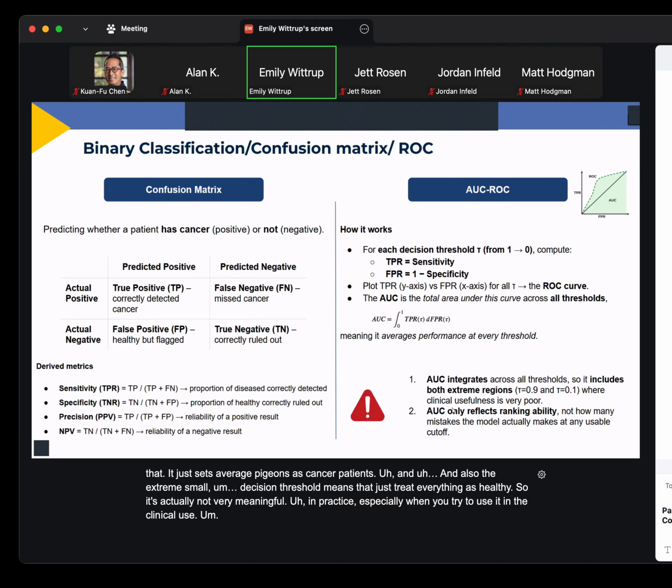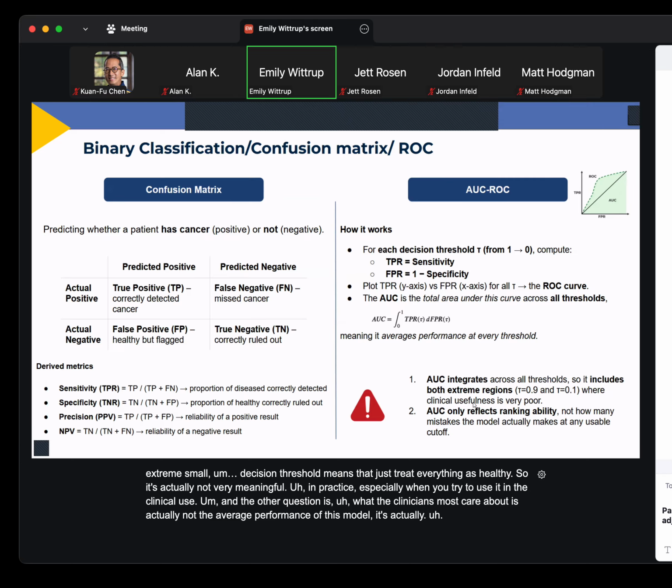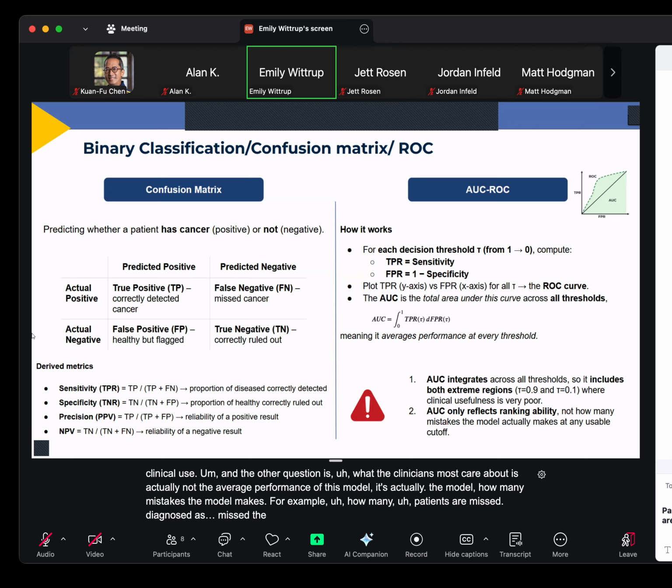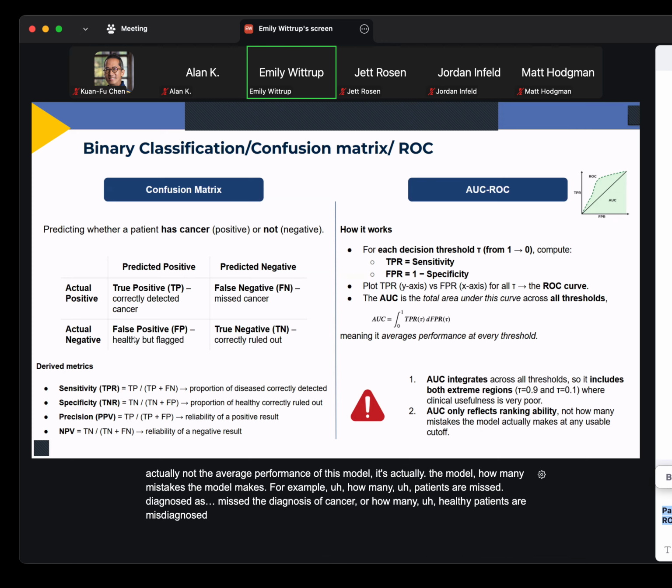And the other problem is that what clinicians mostly care about is actually not the average performance of the model. It's how many mistakes the model makes. For example, how many patients have their cancer diagnosis missed, or how many healthy patients are misdiagnosed as cancer.